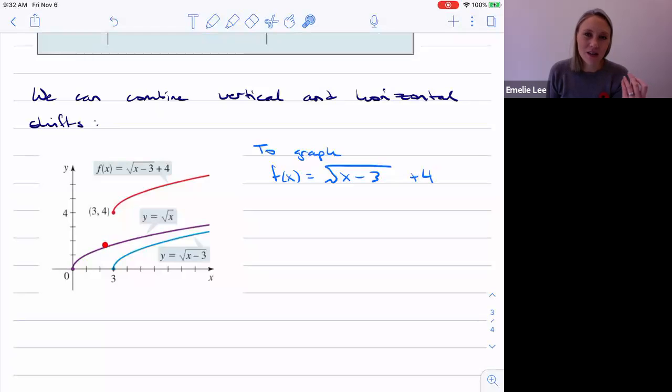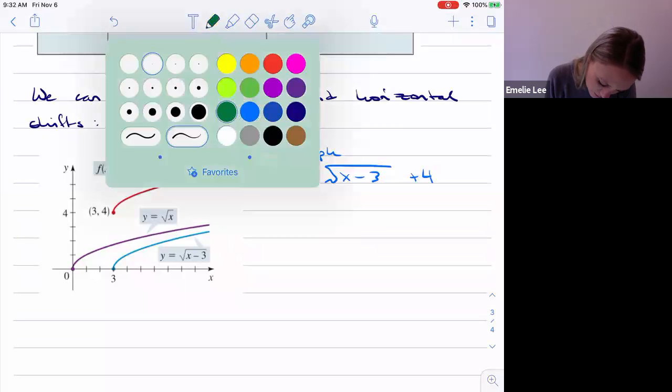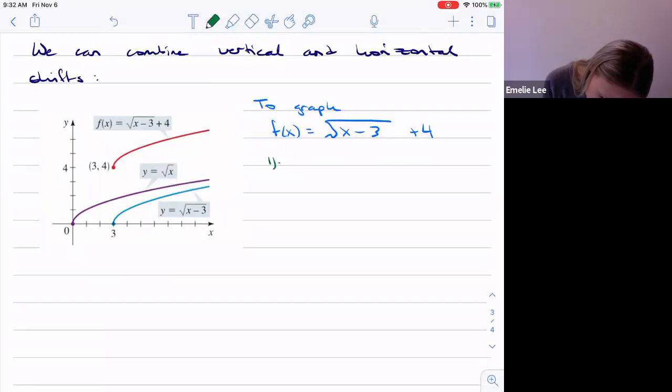Figure out what 3 points are on the original graph, and then apply the minus 3 to each of those x's and figure out what your y is. So you do the x minus 3 shift first, and then to that graph, you can move it up 4 units vertically, right? And so the first step here is 1, identify the core function, which in this case is root x.